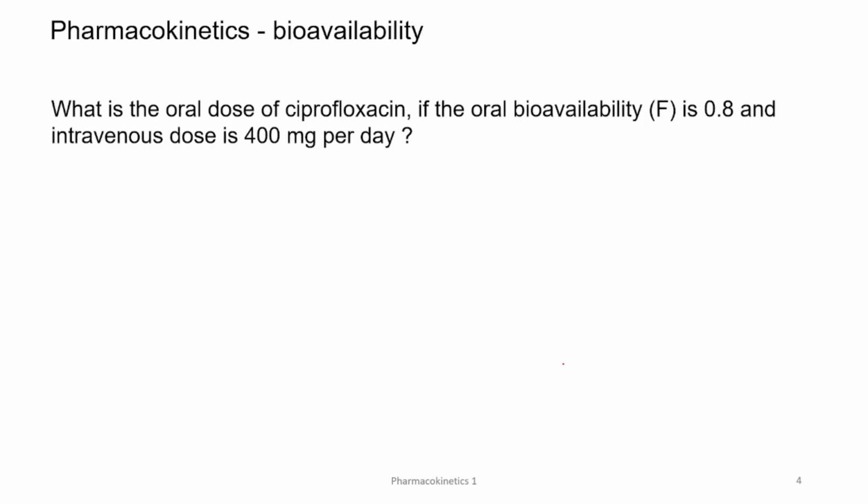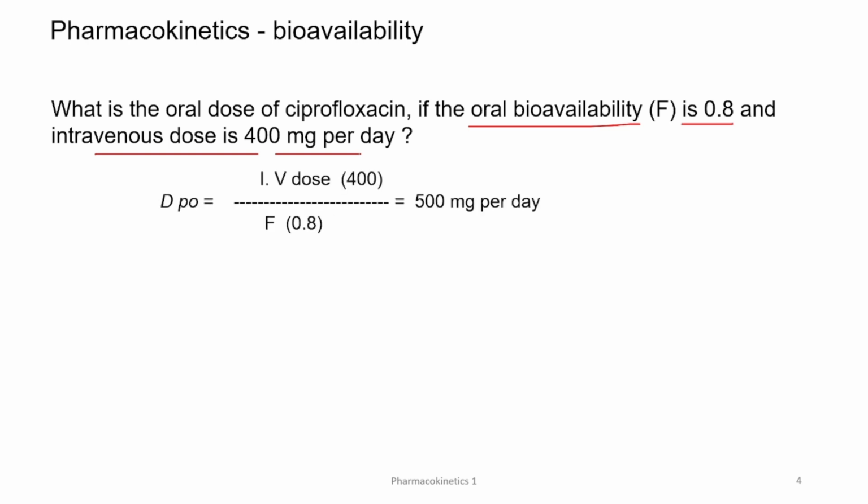And now let's take an example to understand the bioavailability concept. What is the oral dose when we know the bioavailability is 0.8, this is in fraction, and we know the IV dose given in the hospital was 400 milligram per day. And we are now interested to get the same beneficial effect when we discharge home by giving the oral dose which will attain the same area under curve or plasma concentration.